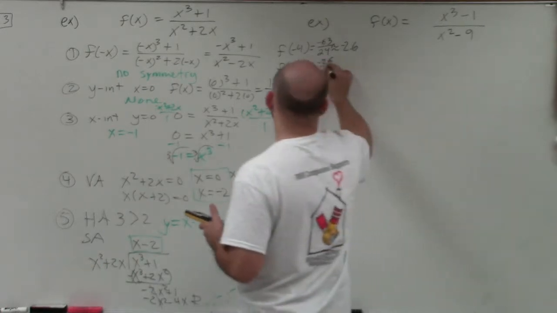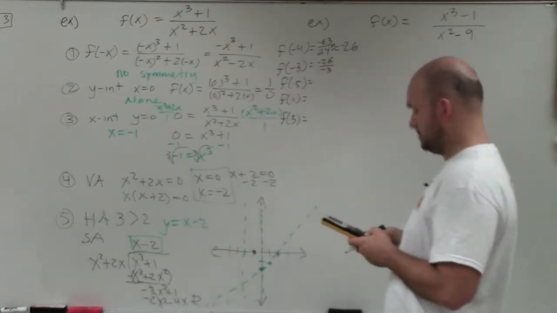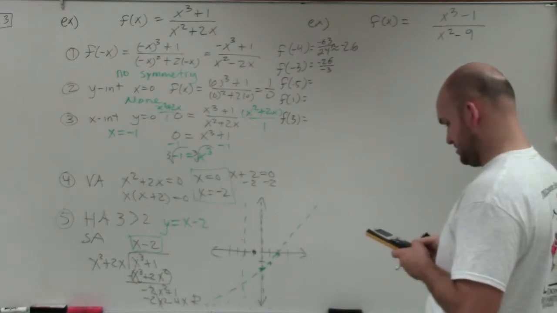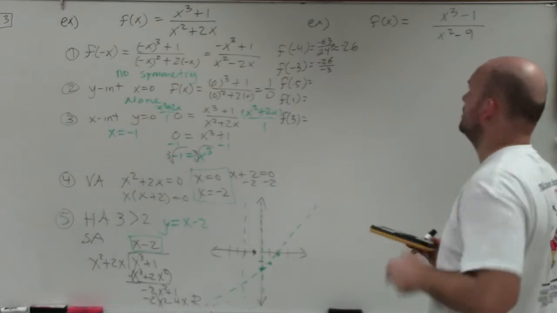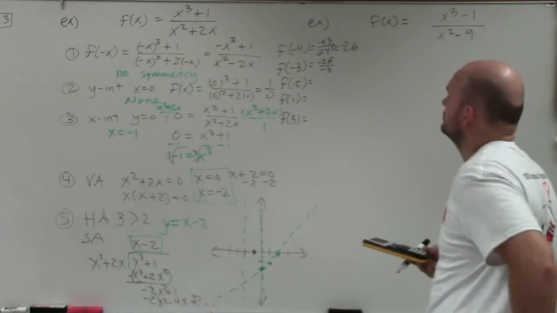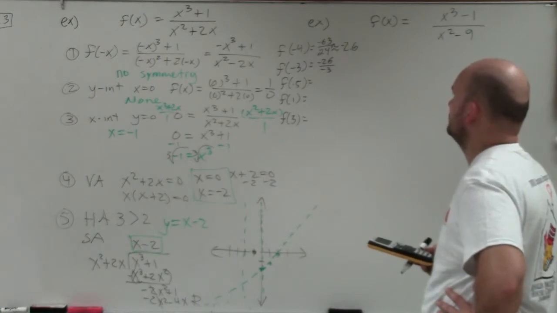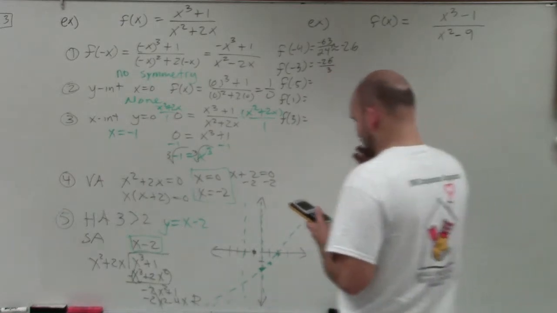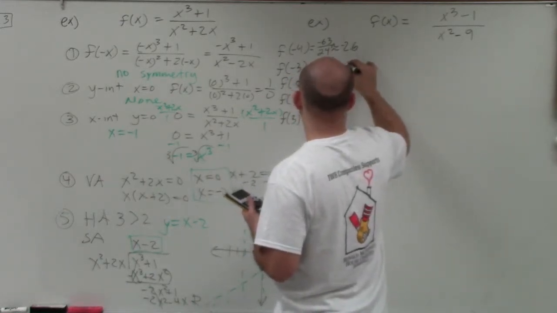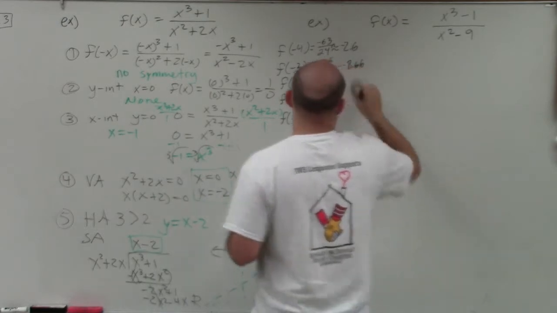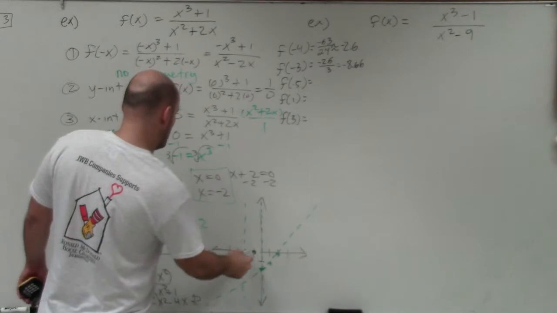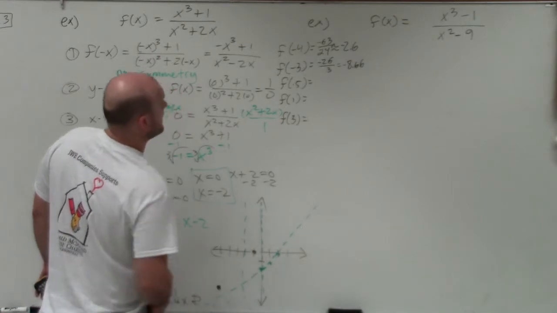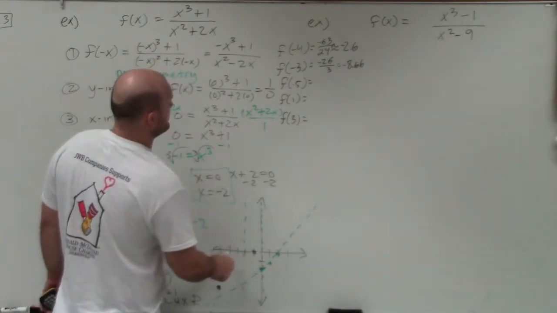So -26 divided by -3. Wait a minute. No. 9 minus 6 would be +3. That's going to be -8.66. So if I was going to go ahead and graph that, at -4 I'm at -2.66. At -3, 1, 2, 3.